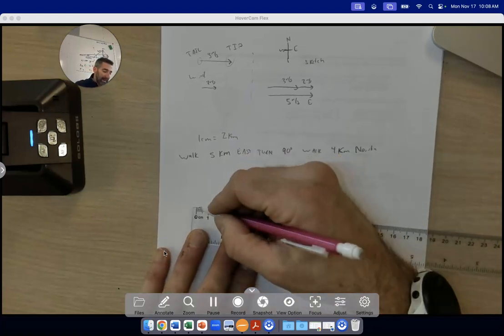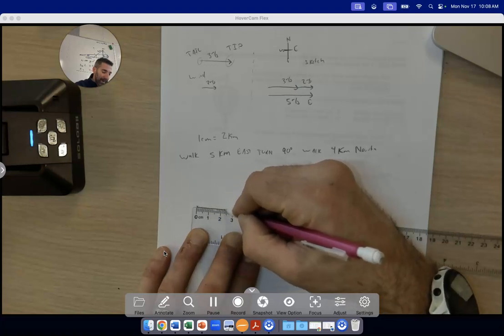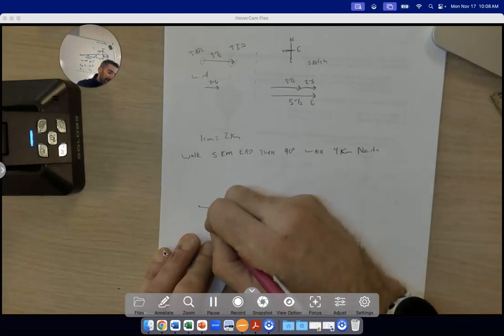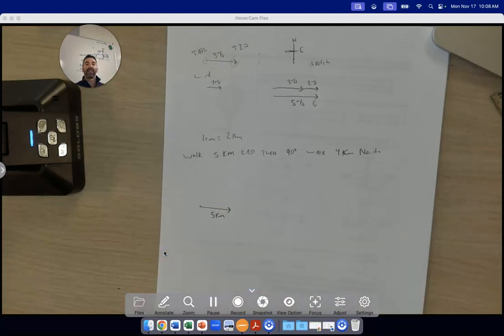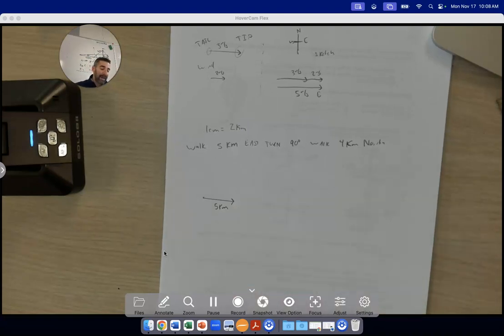So my 5 kilometers east, if 1 centimeter equals 2 kilometers, I would say starting here, 2, 4, and then half a centimeter, right there. This is my 5 kilometers east. Now this is one component, and then I turn 90 degrees and walk 4 kilometers north.